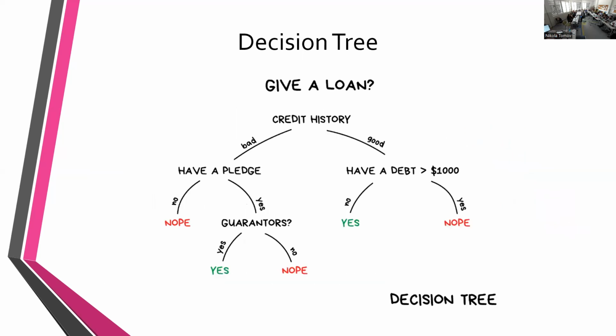A decision tree: if you go to the bank and ask for a loan, they can use a decision tree algorithm, not so simple, of course, to decide whether they would give you a loan or not. Is your credit history bad or good? Let's take this most usual one: do you have a pledge? Yes or no? Do you have a guarantee? Yes or no? So I'm not going to give you, or I am going to give you.